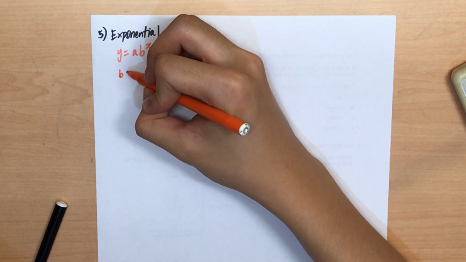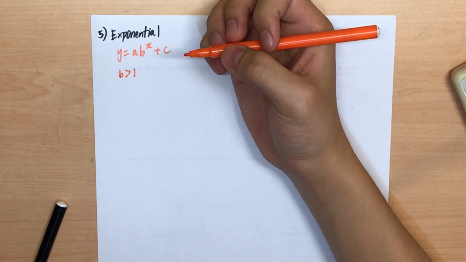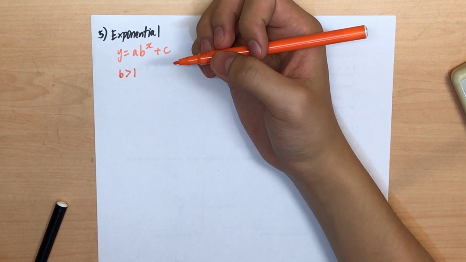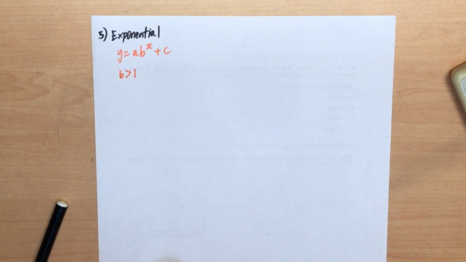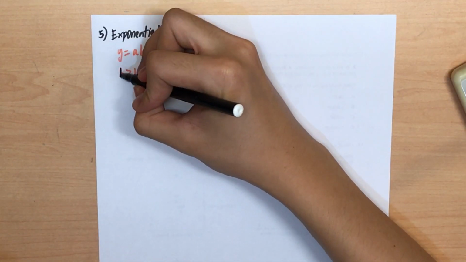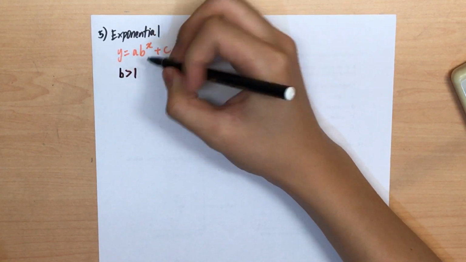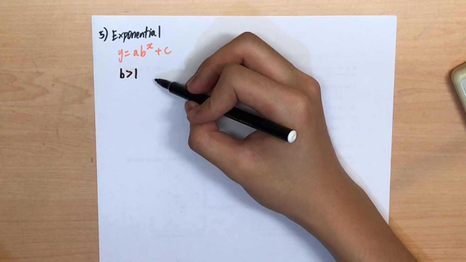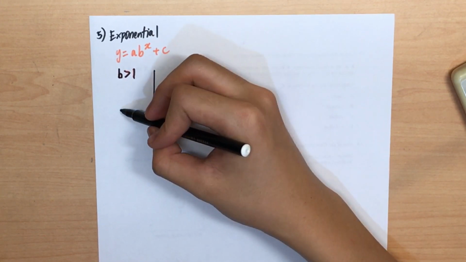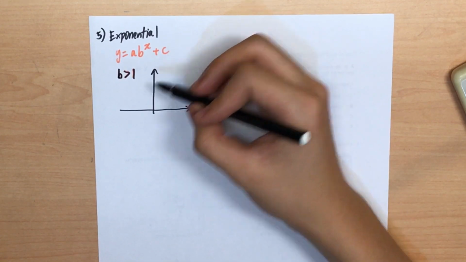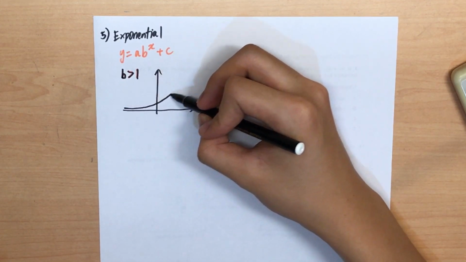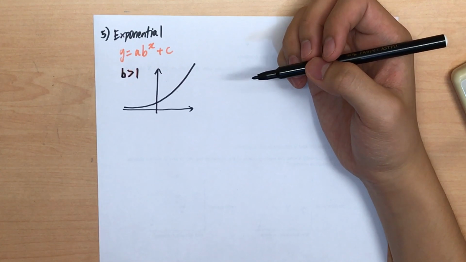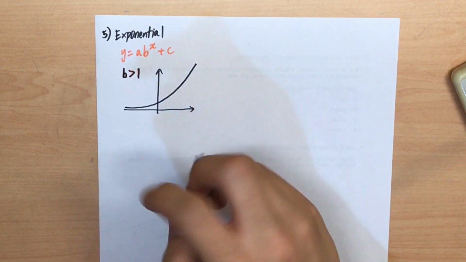If b is greater than 1, the graph will look like this. This is called the exponential graph.